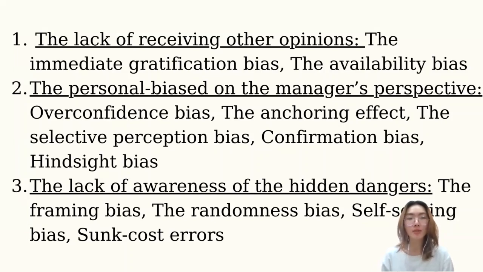The second is personal bias from the manager's perspective, which includes the overconfidence bias, the anchoring effect, the selective perception bias, the confirmation bias, and hindsight bias. And the third category is a lack of awareness of hidden dangers, which includes the framing bias, the randomness bias, self-serving bias, and sunk cost errors.